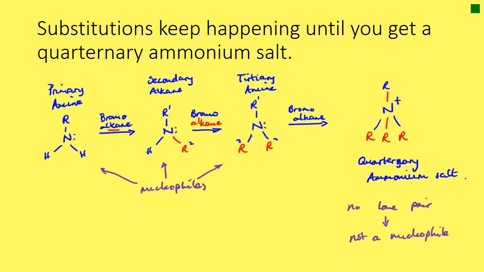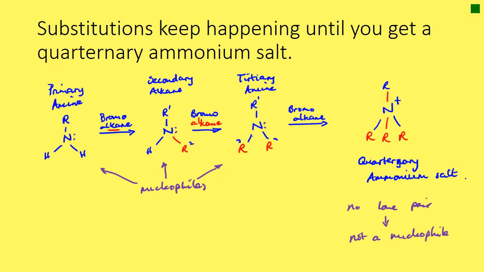Because in this one we've got 1, 2 groups, alkyl groups, and here we've got a tertiary alkane, sorry, a tertiary amine. Because we have 1, 2, 3 alkyl groups. But it doesn't stop there.